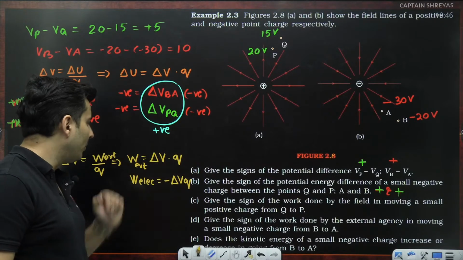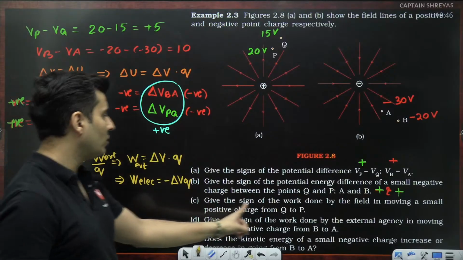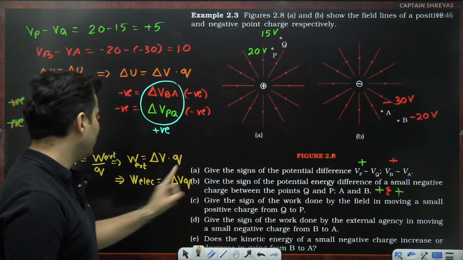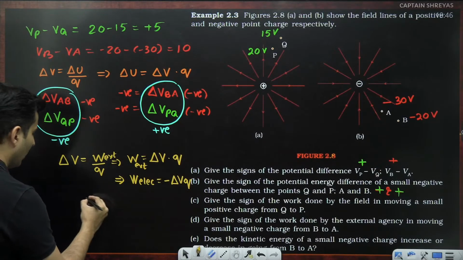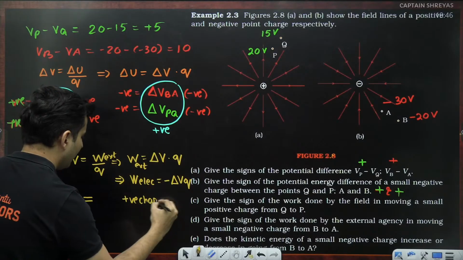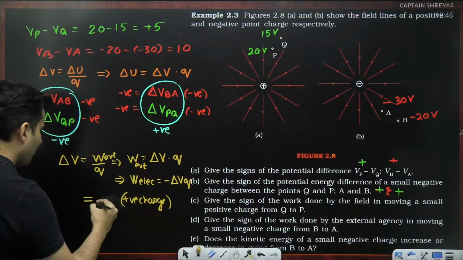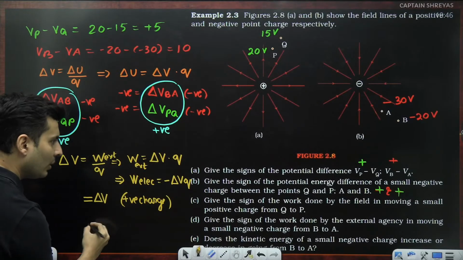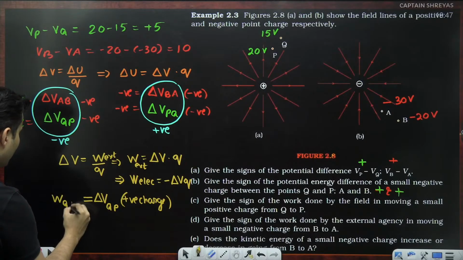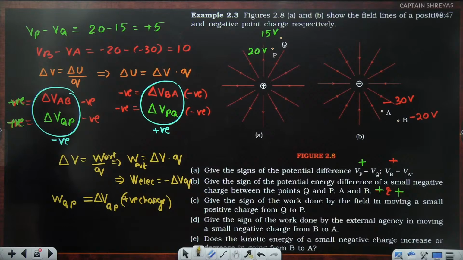Now once I have obtained this relationship, it will be easy for me to solve question C. I have to move a positive charge from Q to P. What is delta VQP?